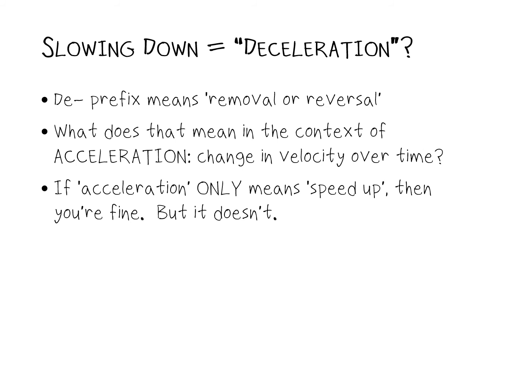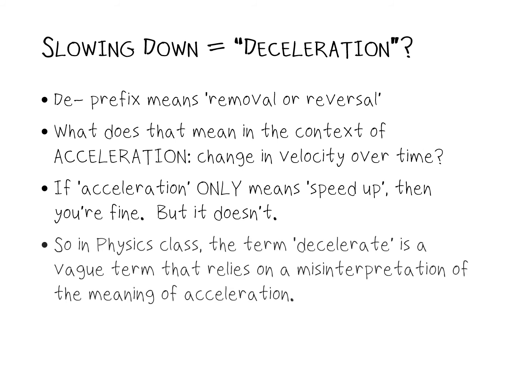Because if acceleration only means speed up, then deceleration means slow down, and that's great. Bob's your uncle. We move on. The problem is that that's not what acceleration means in physics class. So I really dislike the term decelerate because it relies on an incorrect assumption about what accelerate means. And we want to try to avoid that.